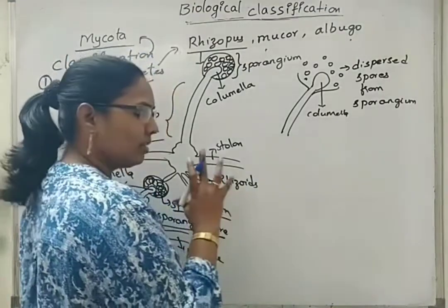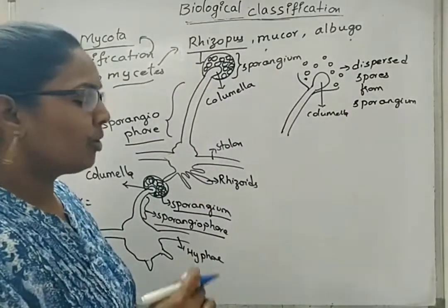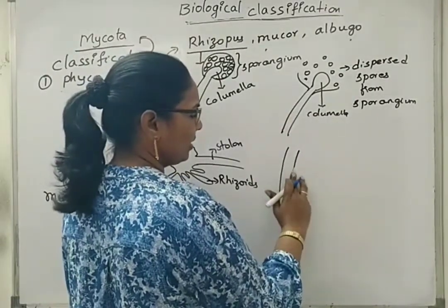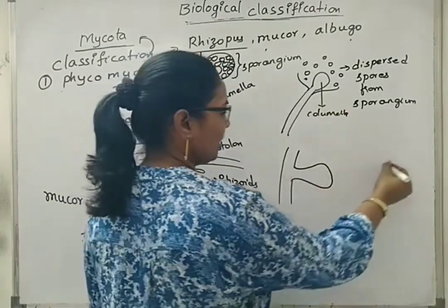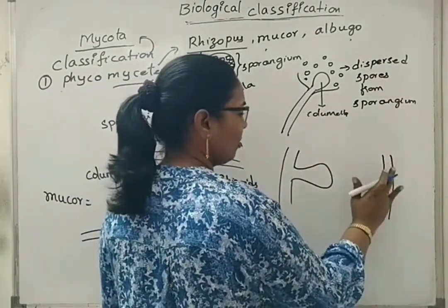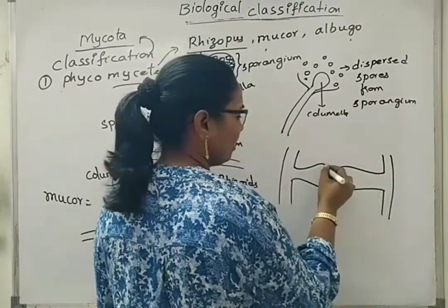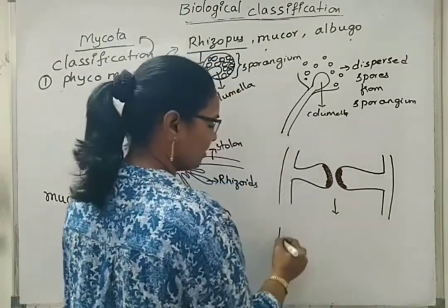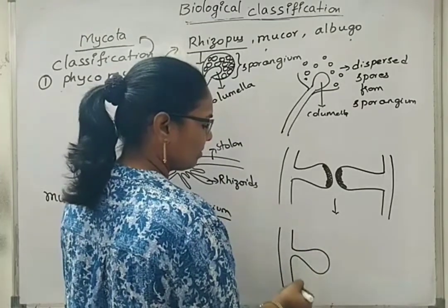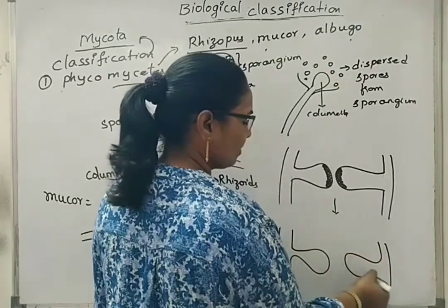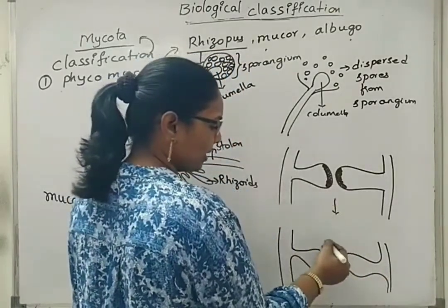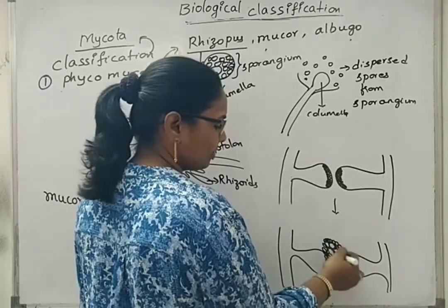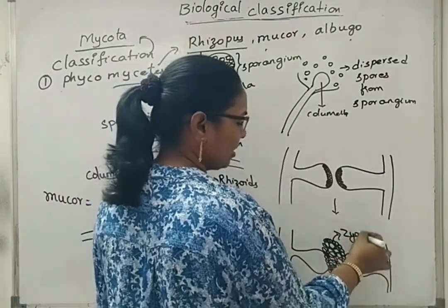Now, when Rhizopus or Albugo or Mucor undergo sexual reproduction, the hypha protrudes a special type of extension toward the neighboring hypha of another Rhizopus or Mucor. These protruded parts later get fused, and this part gets separated, forming the zygospore.